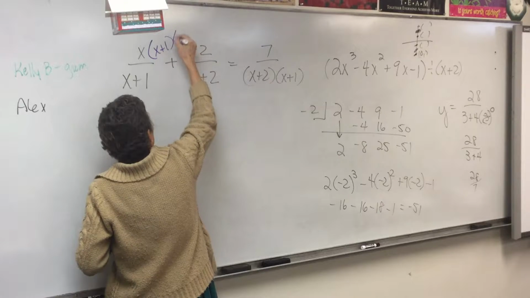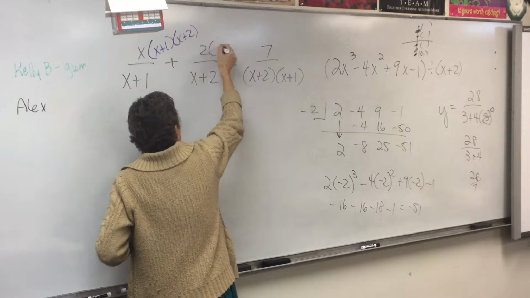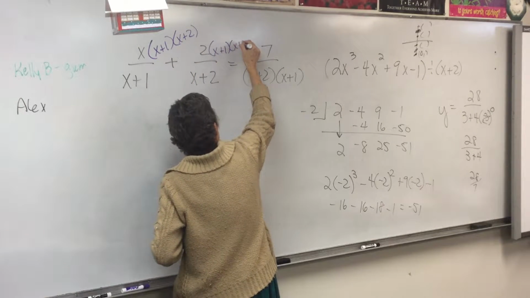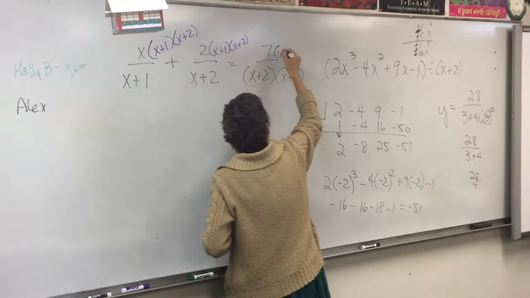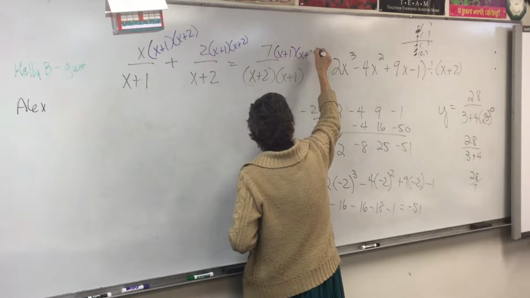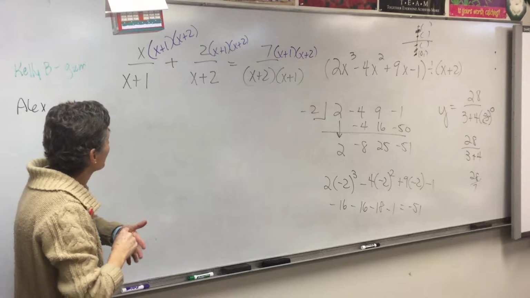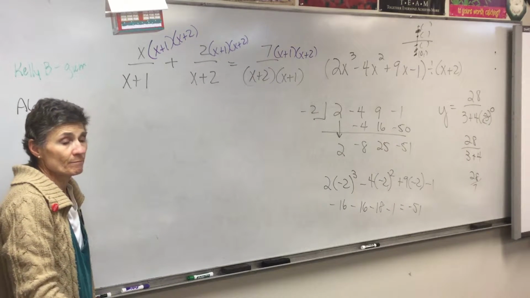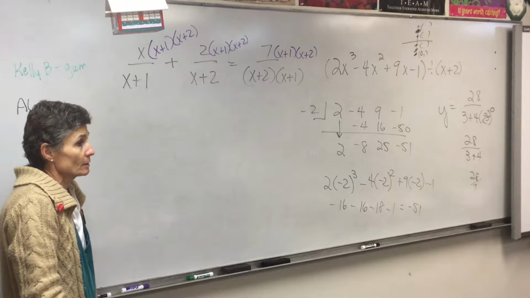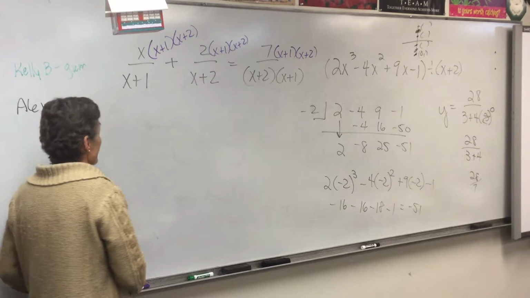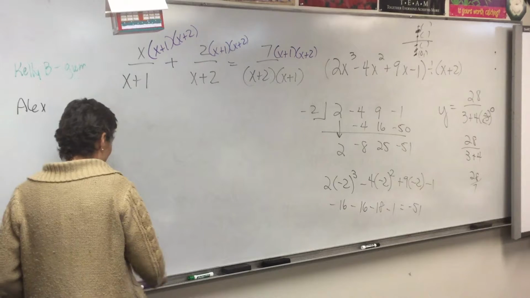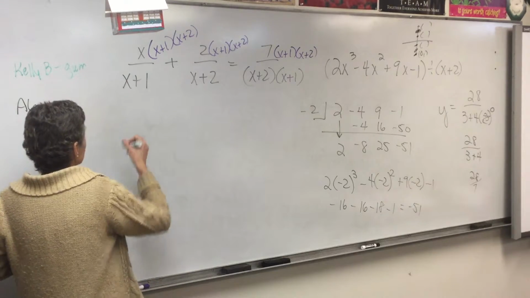So x plus 1 and x plus 2. Each term gets multiplied by x plus 1, x plus 2. And the purpose for that is because now things will cancel out.